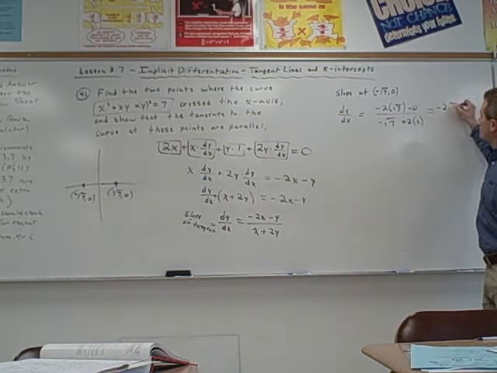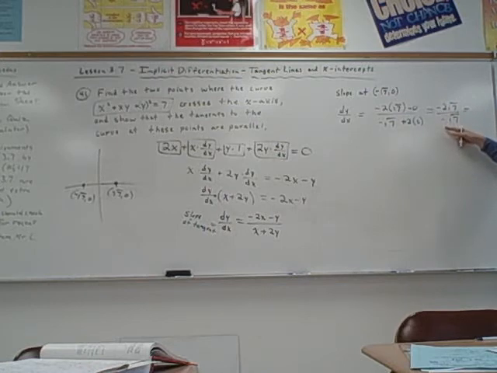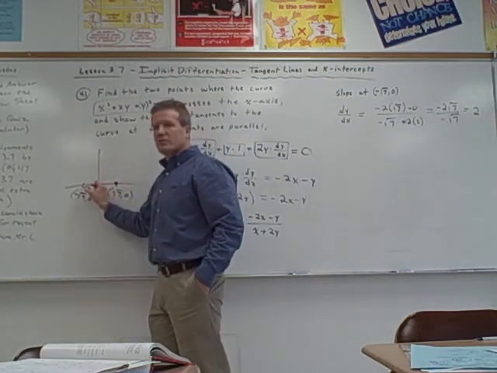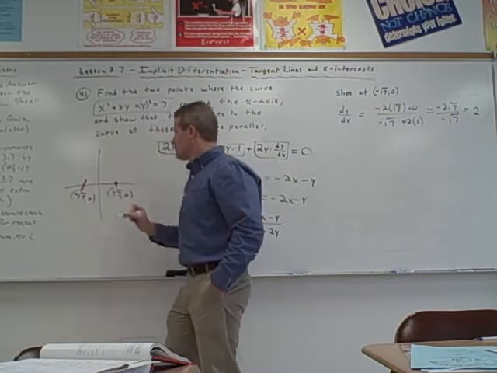That gives me negative 2 square roots of 7 over negative square root of 7, which cancel the negatives, cancel the square root of 7s, comes out to a slope of 2. So that's telling me that at this point, the slope of the curve is 2, and also the slope of the tangent line would be 2 right there.